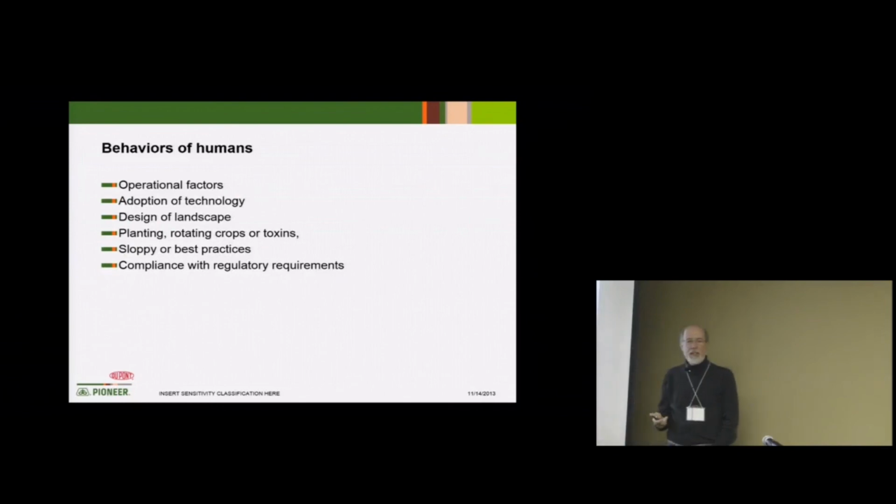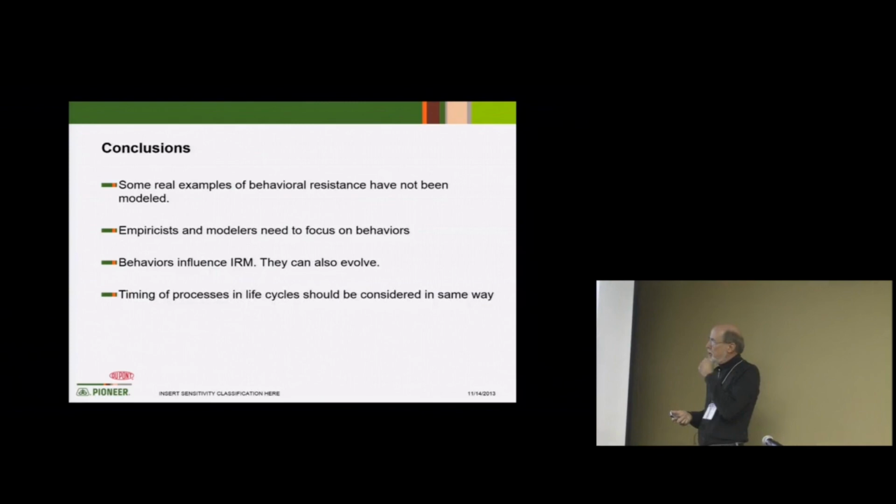One more thing, behaviors of humans. If we really are going to talk about management and not just the biology of insect evolution, then we need to account for behaviors of humans, which is a whole other complex issue. So, conclusions. We haven't modeled all examples of behavioral resistance.